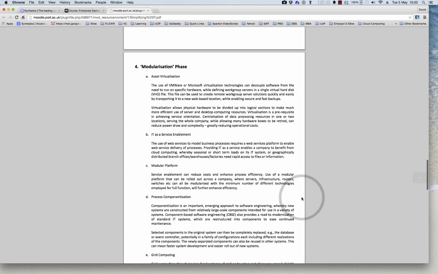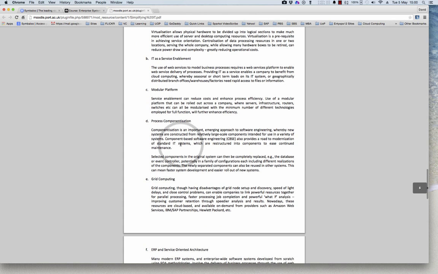Process componentization is, so here you are providing a route to modernization of standardized systems. The components, so it could be a database or event controller, you have turned into basically a component that you can take in and out easily to make your systems more flexible.